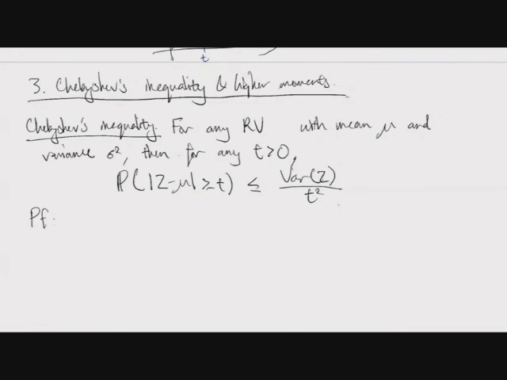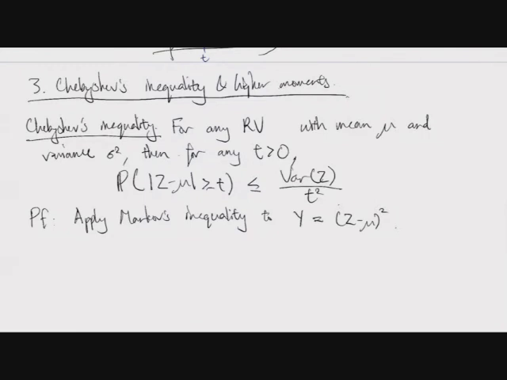The proof is to apply Markov's inequality to a random variable that is not Z, but is constructed out of Z. Let's call this Y, and Y is going to be (Z minus mu) squared.